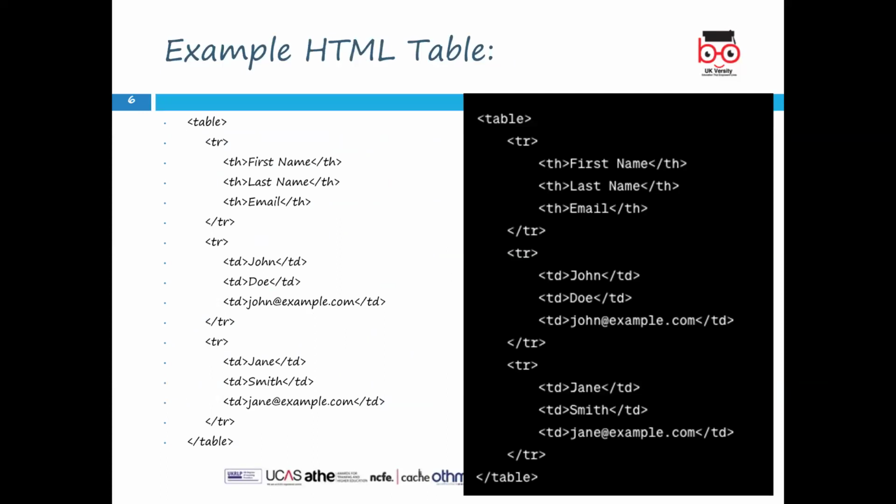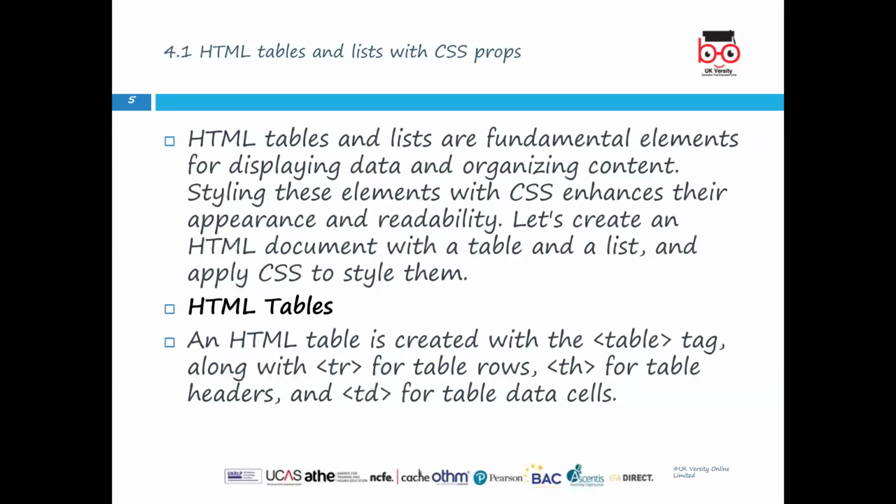Here we have an example of how our table has to be created with the use of tags. So as you can see here, HTML tags are created with the opening tag, then we put table, and then we use the closing tag.